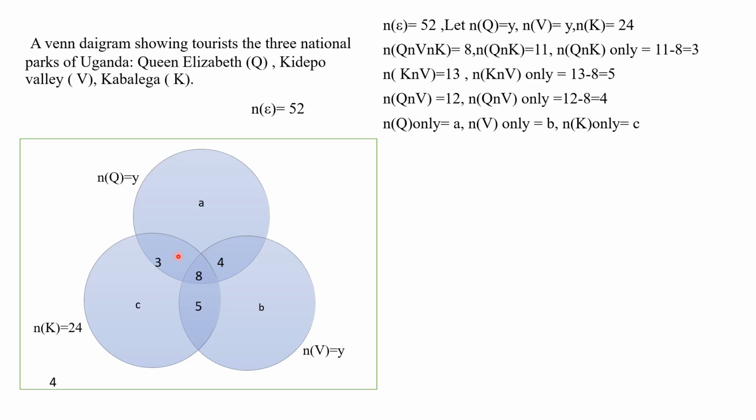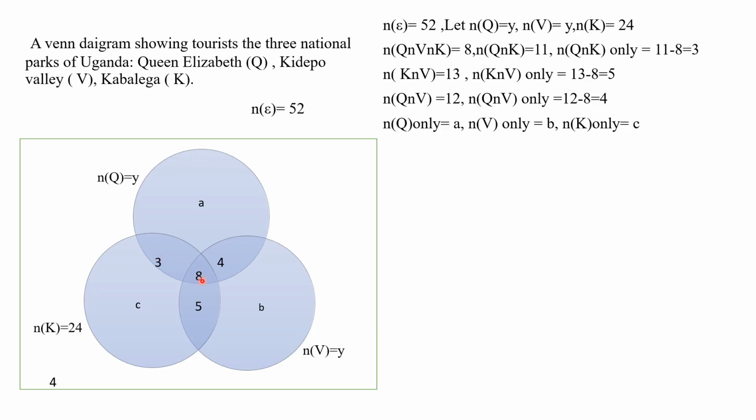Please don't come and put here your 11. No, still you can see that they are 11. Those who had visited Kabalega and Queen Elizabeth, they are 11. But if at all you don't see the word only, please don't go ahead and put it here.